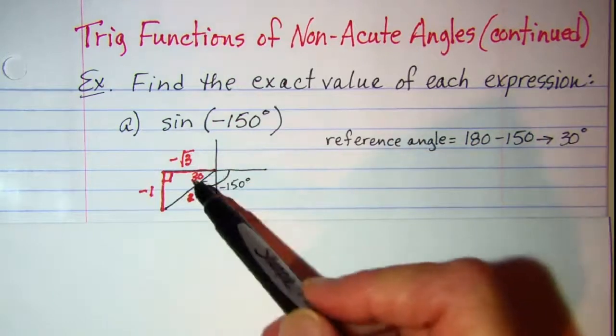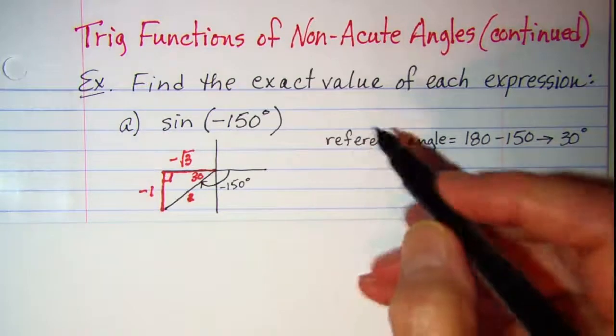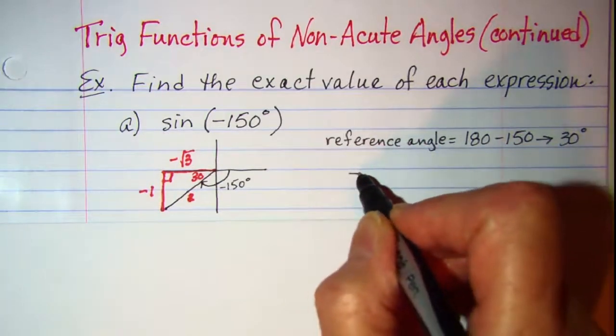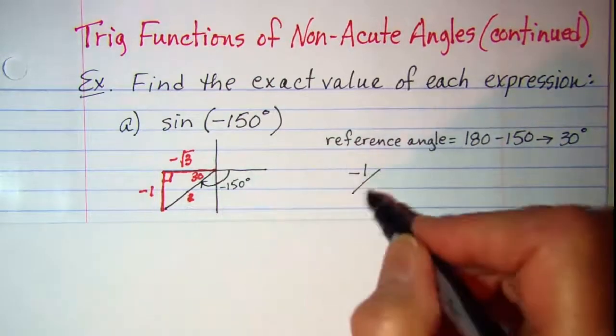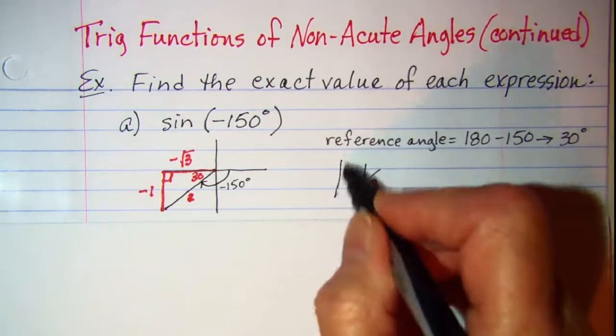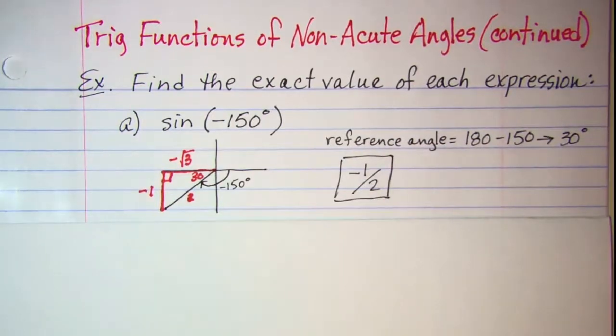So in this case, our opposite side is negative 1, which is the y value, so negative 1 over the hypotenuse, 2. So this is the sine of negative 150.